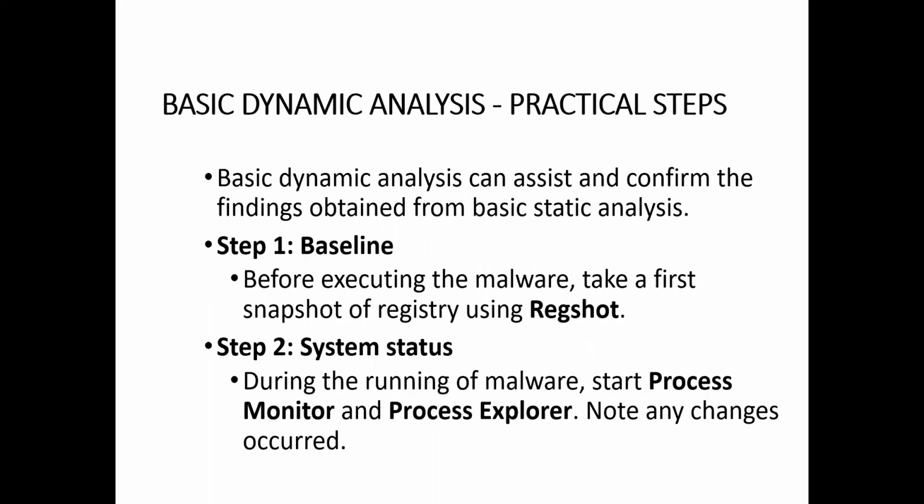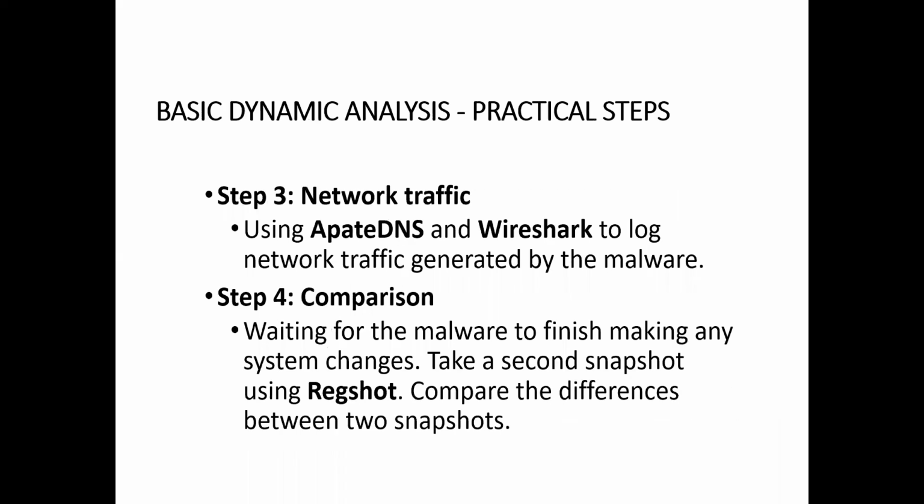So the second one, do our Regshot that captures our baseline, do the system status using different tools. We've seen Process Monitor and Process Explorer that you can use. Then also do the network tracking using APATE DNS or Wireshark to track our different network traffic.